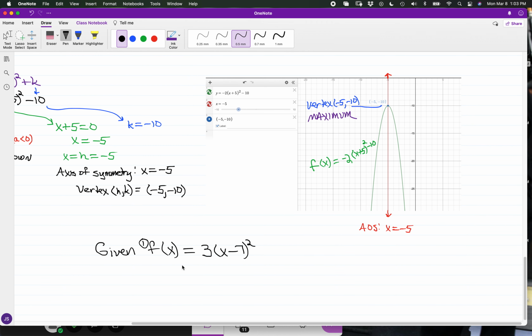So this is given first, then we have second, f of x is equal to -2 times the square of x plus 6 plus 25.